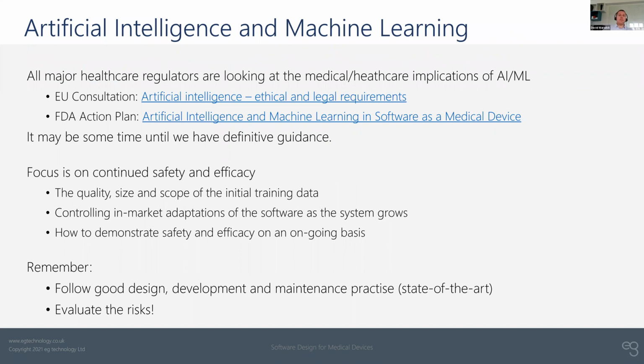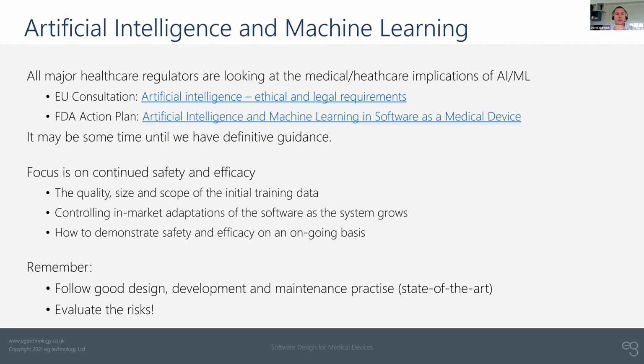The other big aspect of software development, and something that's really a major issue at the moment, is artificial intelligence and machine learning. Again, it's a very popular area for development at the moment, and all major healthcare regulators are looking at this in a huge amount of detail as to how they can regulate for it, because it's somewhat unique in the medical device space.